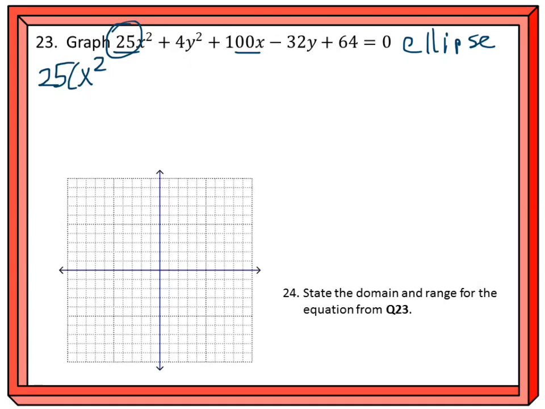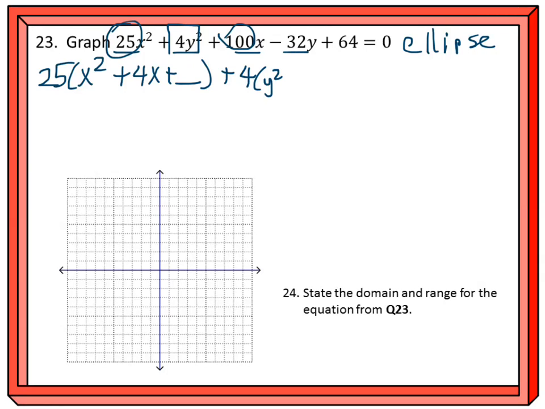When I factor out a 25 from this 100 here, I get 4 plus 4x plus blank. And then close parentheses plus, now let's do the y's. When I do the y's, I have to factor out that 4, and then I'm going to have y squared.